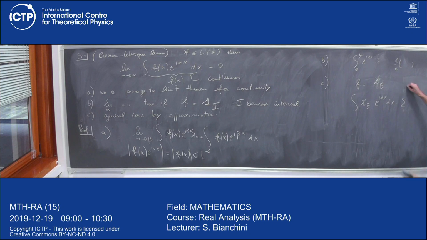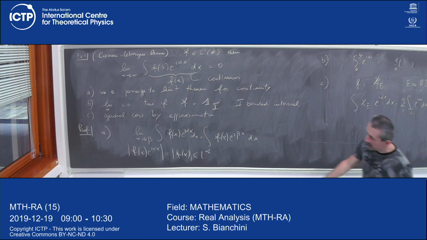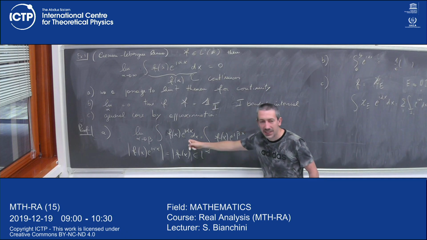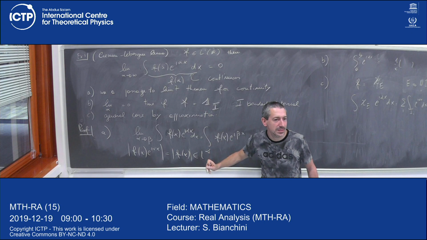So let's say E is essentially some intervals, and then I have some piece. So this is the integral over these intervals I, plus the integral of what is left, which can be positive or negative because I add some part and then I forget some other. But its integral is small.